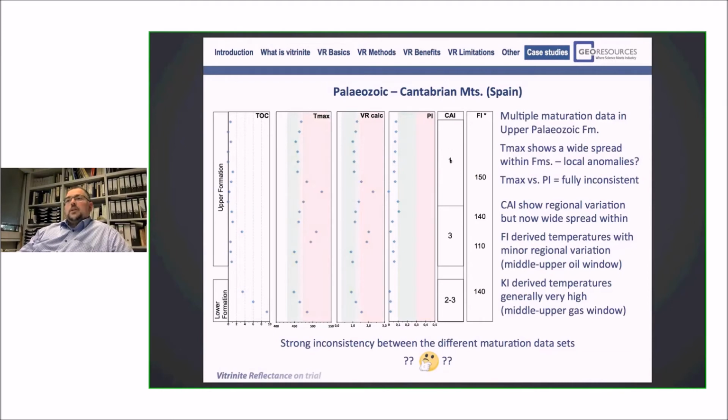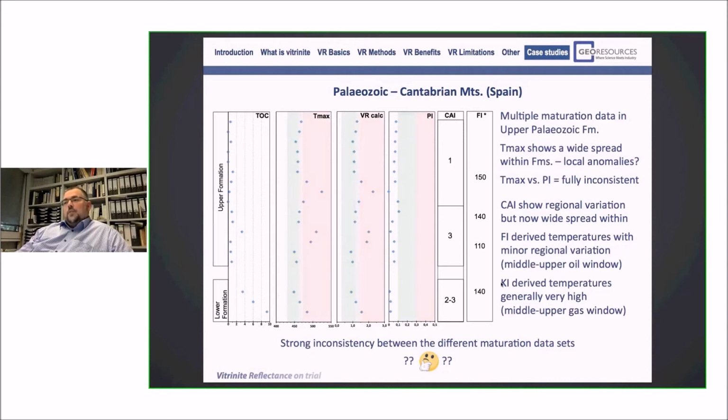Very low maturation in this interval, higher medium maturation in this interval, and slightly lower maturation down here, which is not really fitting to the spread that we see in the Tmax and calculated vitrinite data. And here we see fluid inclusions data, which show relatively minor changes between 110 and 140 centigrades, but do not fit to the variations in the Tmax data again.